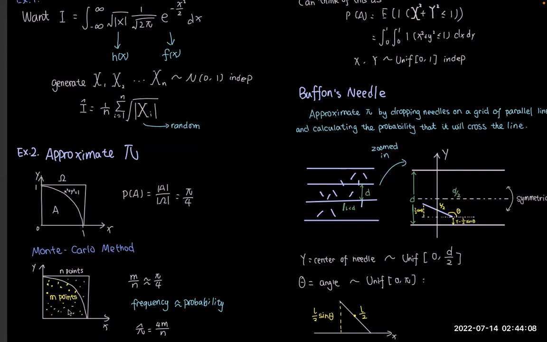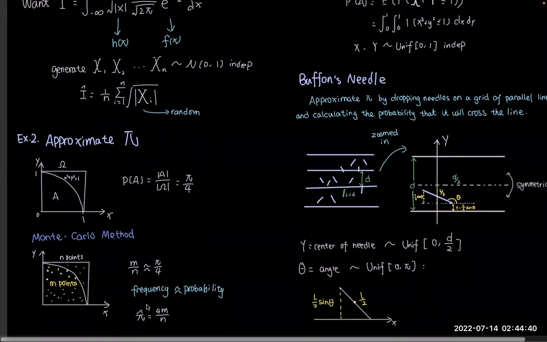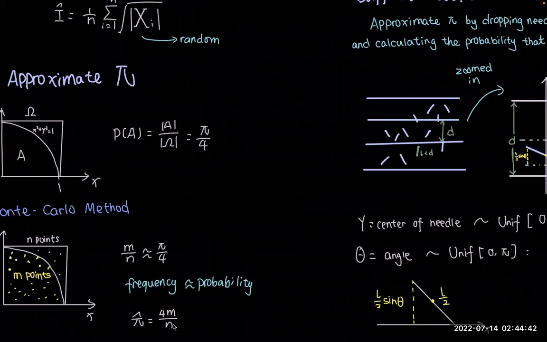But intuitively, the frequency that the point falls into A, that is m divided by n, should fluctuate around this probability, which is pi over 4, right? So the number of points m in A divided by the total number of points should be roughly proportional to the area of A divided by the total area, which is pi over 4. Therefore, with this Monte Carlo experiment, we can estimate pi by 4 times m divided by n.